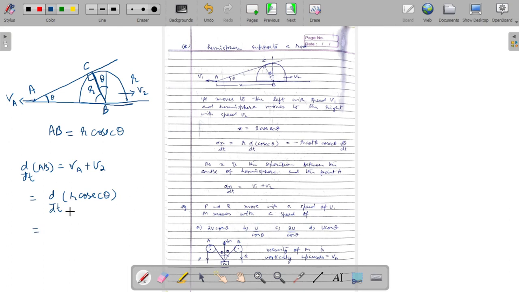As r is a constant, r would simply come outside, and d by dt of cosec theta. Now the differentiation of cosec theta is minus cot theta cosec theta, and we'd get d theta by dt since theta is a variable with time.